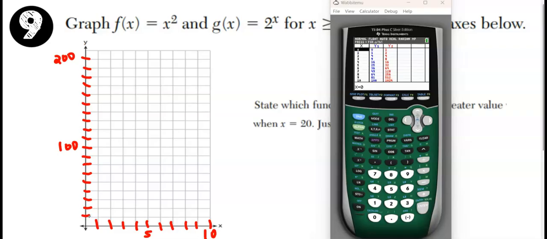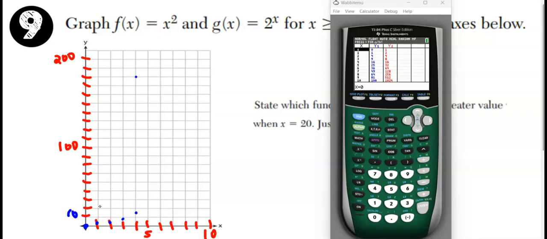So my first function I'll graph in blue, 0, 0, 1, 1, and so remember these go by tens, so it's going to be very low here. And then 2, 4, also very low. 3, 9, that'd be very close to 10. 4, 16.